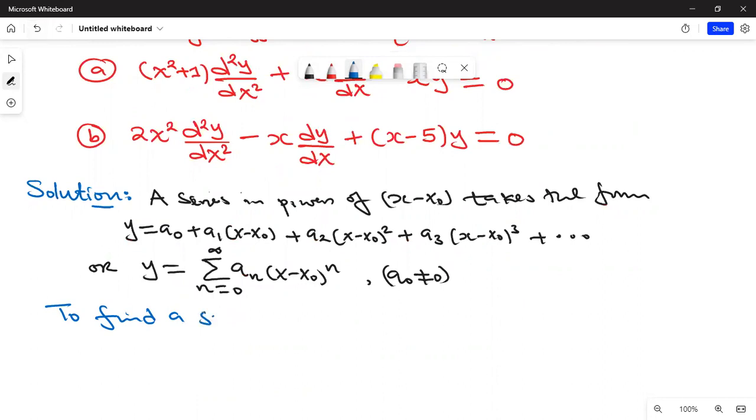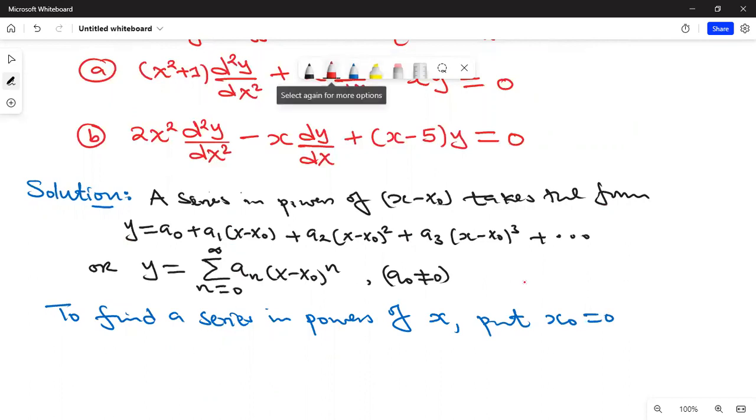To find a series in powers of x, we put x naught equals 0. So that's the idea: the x naught here must be equal to 0, so that we'll have a series in powers of x. Now let's look at part A.